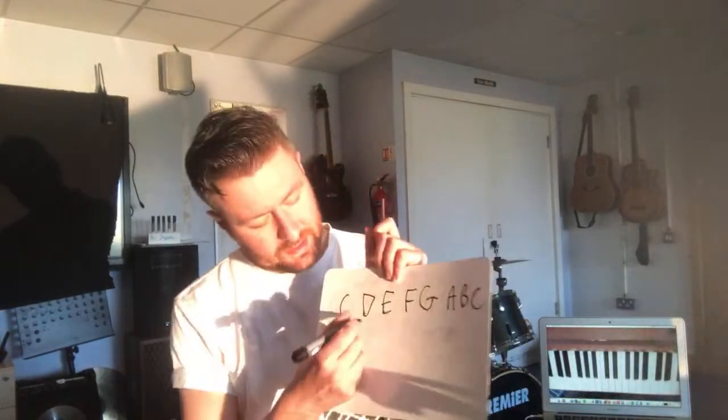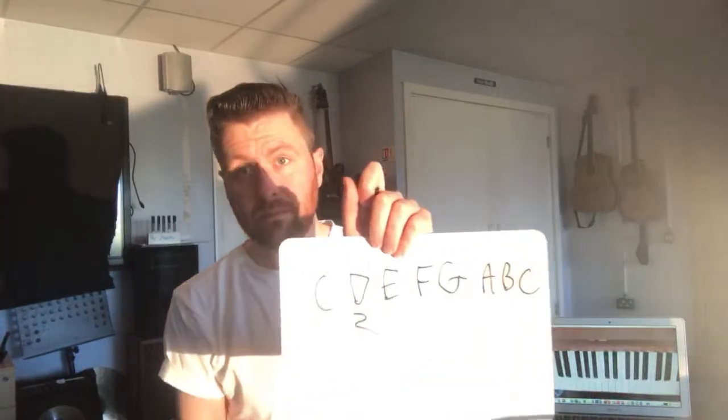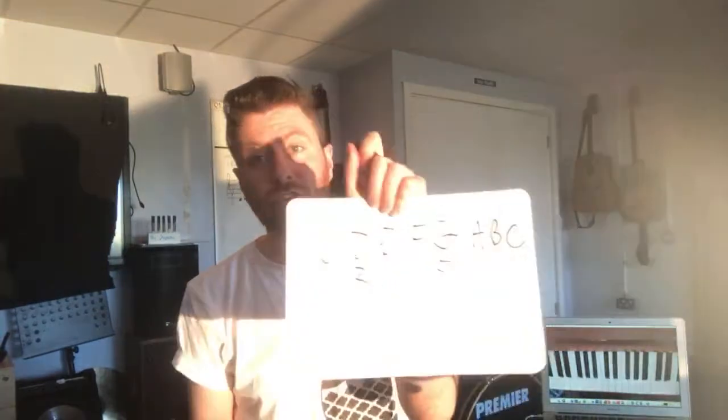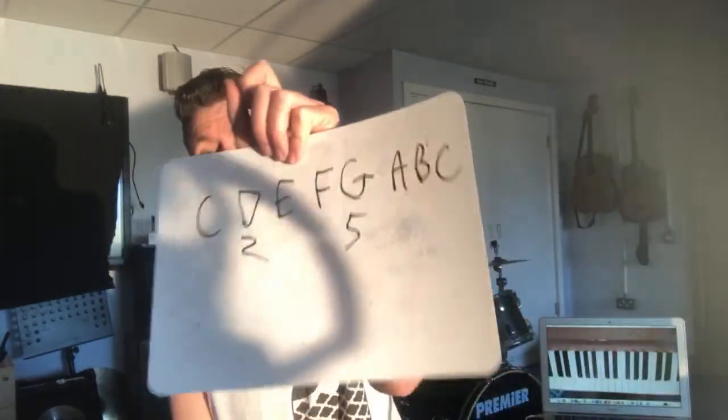C, D, E, F, G, A, B, C. Second is D minor, which is D, F, A. Fifth is G, but stick a 7 on that as well, so it'll become G7, and 1 is C. So our 2-5-1 progression in C is D minor, G7, C. There you go, check it out.